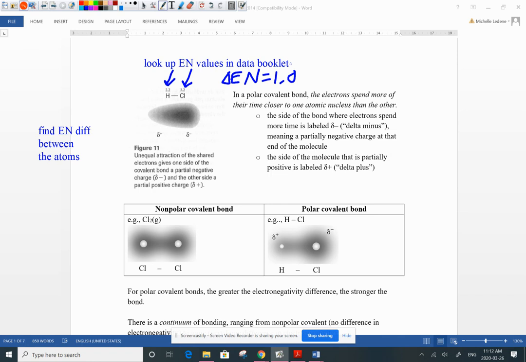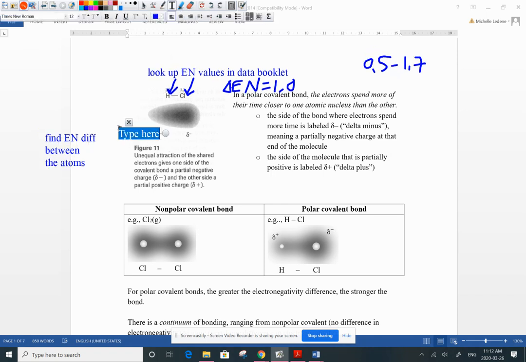So what does that mean? Well, when you look at your little continuum on the bottom, that is in between a value of 0.5 to 1.7. So we would say that the hydrogen and the chlorine are not sharing the electrons equally. What happens is we have a partially positive end of the molecule where there are fewer electrons.